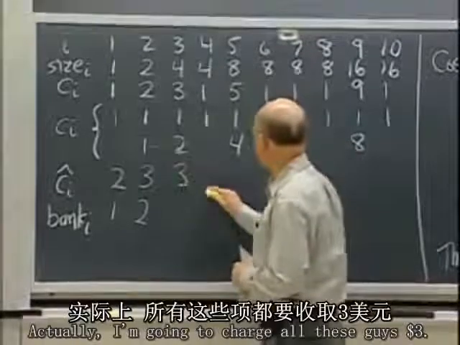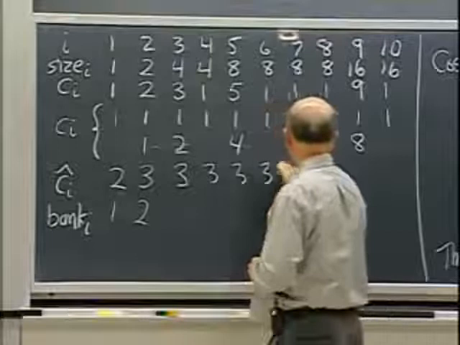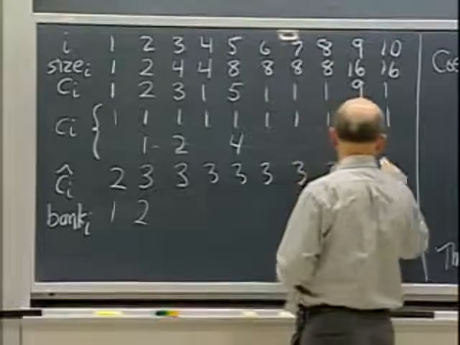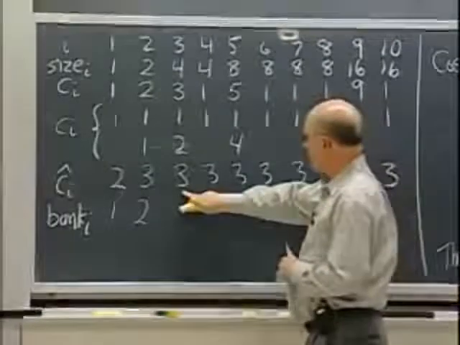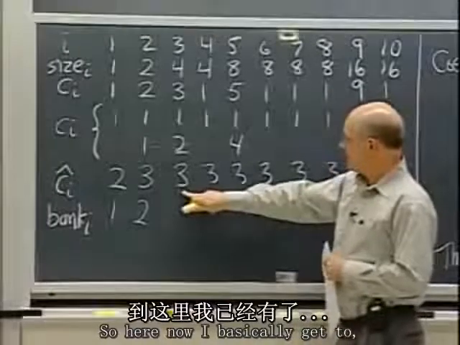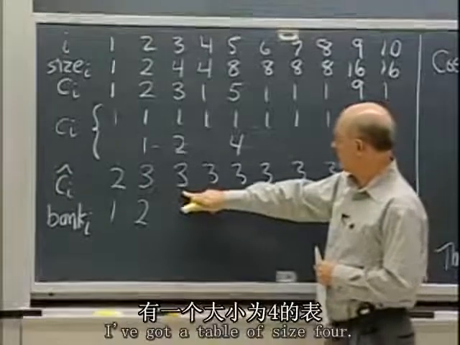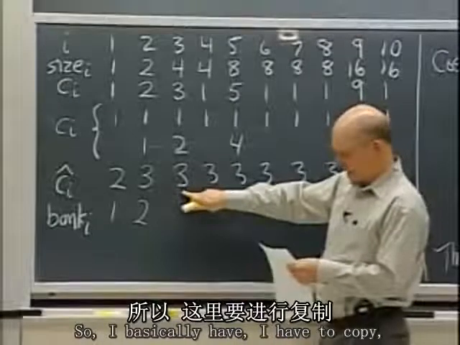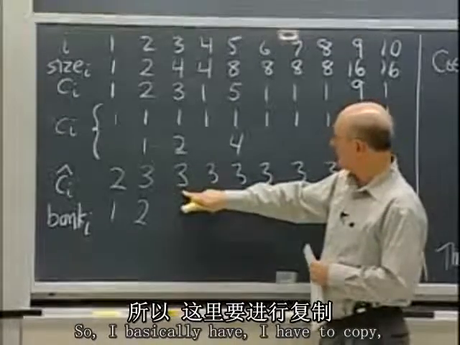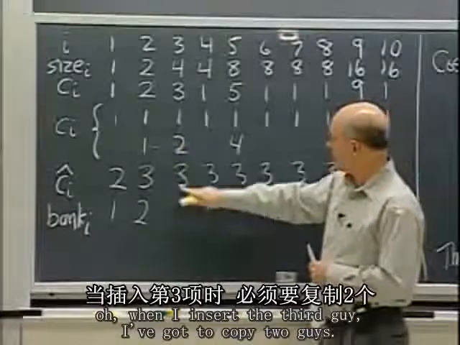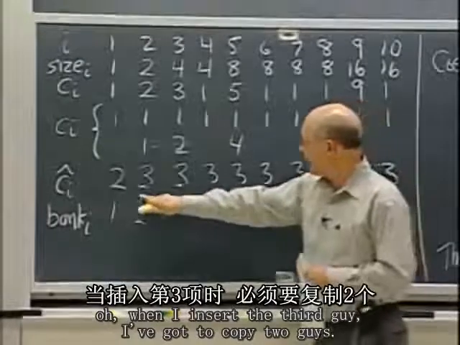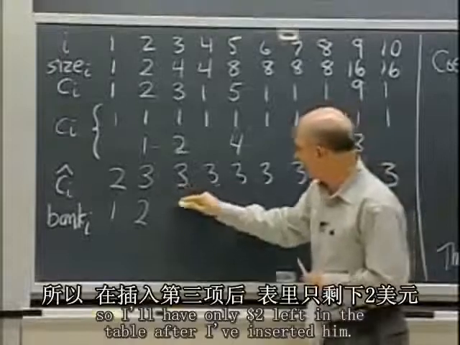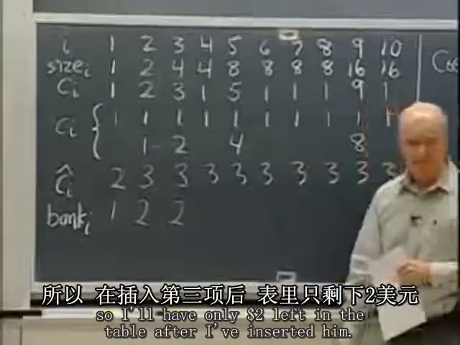Actually, I'm going to charge all these guys $3. So here now, I've got a table of size 4, so when I insert the third guy, I've got to copy 2 guys. That'll use up that, so I'll have only $2 left in the table after I've inserted him.